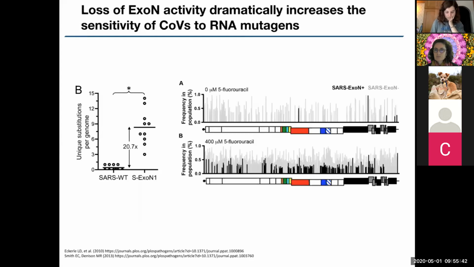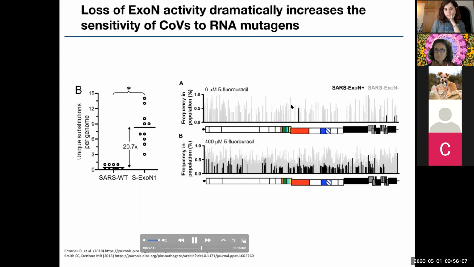You can see this spread across the rest of the coronavirus genome here. Focusing first on the upper panel, the black lines show the frequency of mutation in the population during infection with the wild-type virus, and the gray lines show the same thing during infection with the ExoN mutant virus.